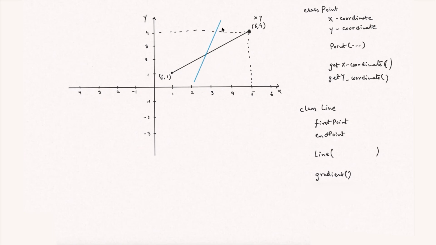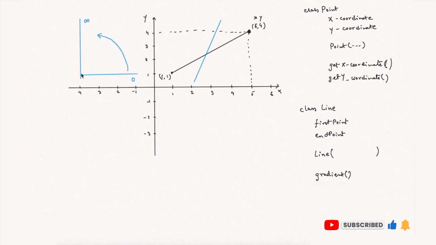The more steep a line is, the greater its gradient is. So a line that is completely flat will have a gradient of 0. But a line that is completely vertical would have a gradient of infinity.